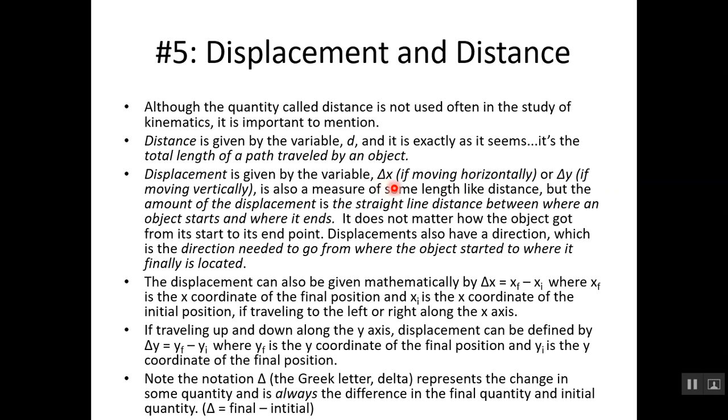So delta x technically means how much your x value changes. It's always defined to be the final point minus the initial point. You can put delta in front of anything, and it means the final quantity minus the initial quantity. So this technically means the final x value minus the initial x value.